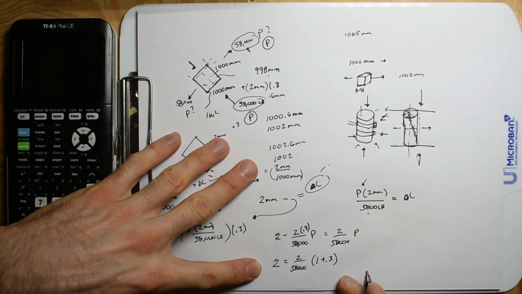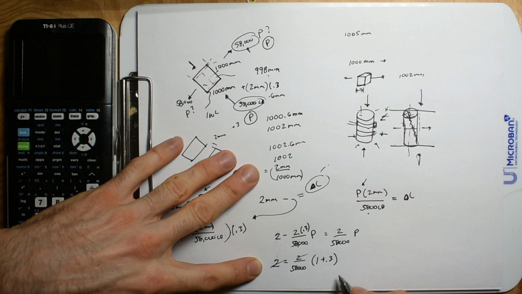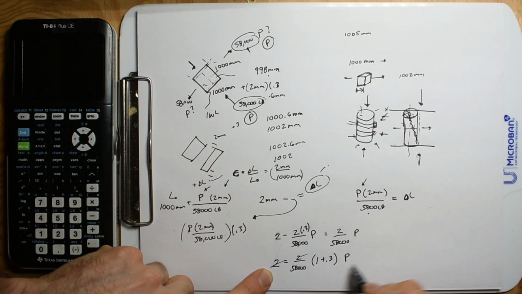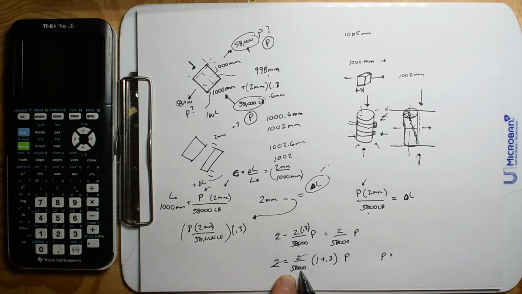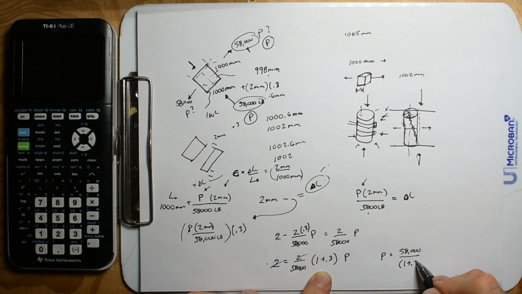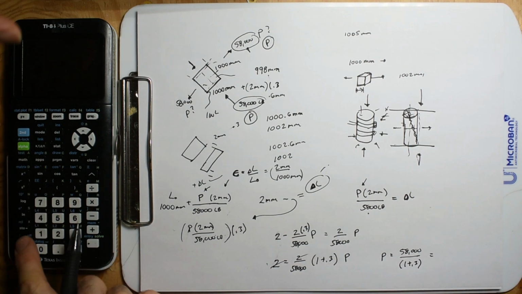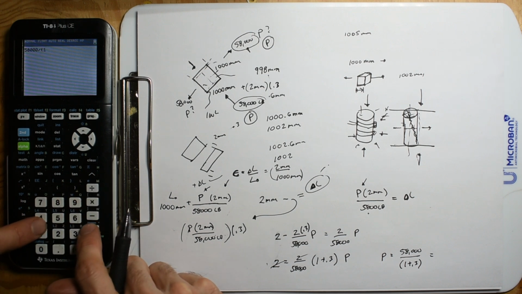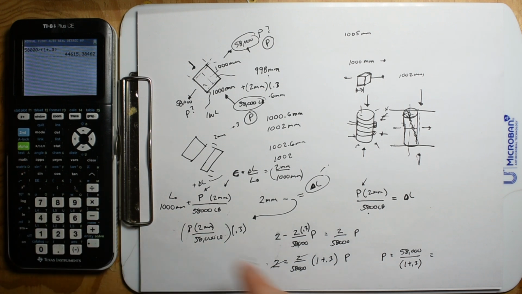The 2's factor out, and we still have this load P. So then P, we're going to bring the 58,000 to the top: 58,000 divided by 1 plus 0.3.